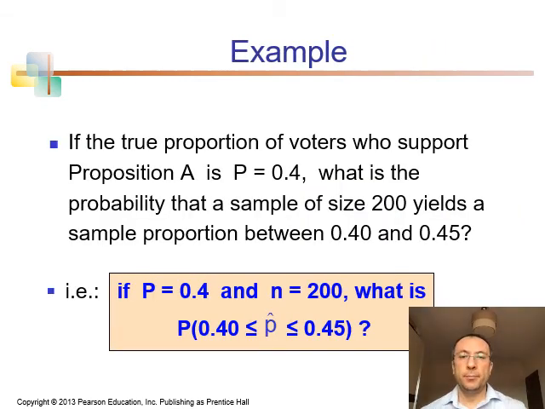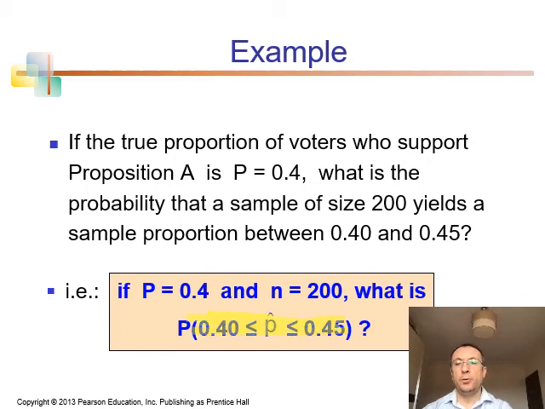So here's an example. Here the proportion is 0.4 and we have a sample size of 200 and we want to know the probability that the proportion is between 0.4 and 0.45.